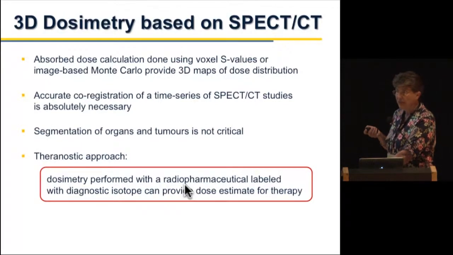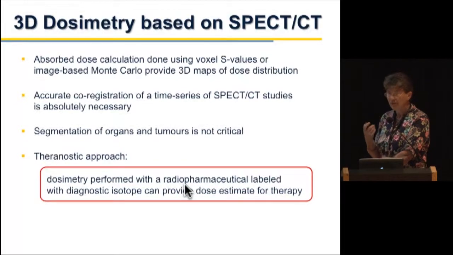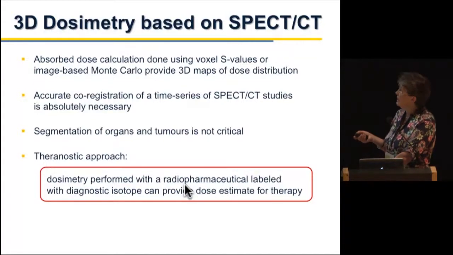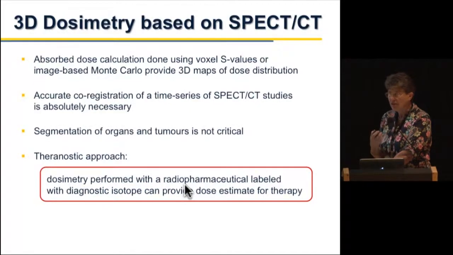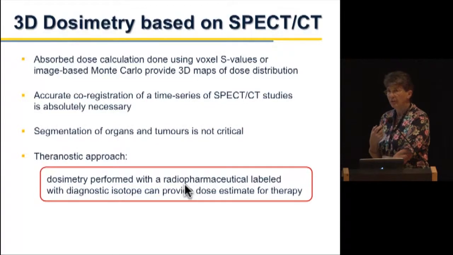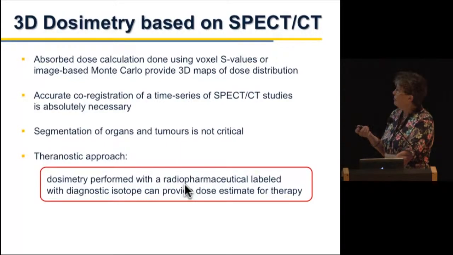What is very important, we can use this approach for something which is a very modern concept, extremely appealing and very highly investigated: the theranostic approach, where the same molecule can be labeled with an imaging agent, and when you diagnose the patient with this imaging agent, you identify the tumor site and you identify the kinetics of the molecule through the body, and then you can predict what will be the dose when you label the same molecule with a therapeutic agent.